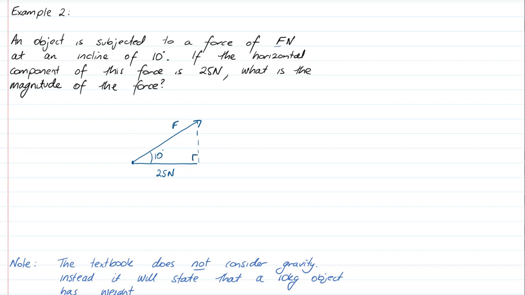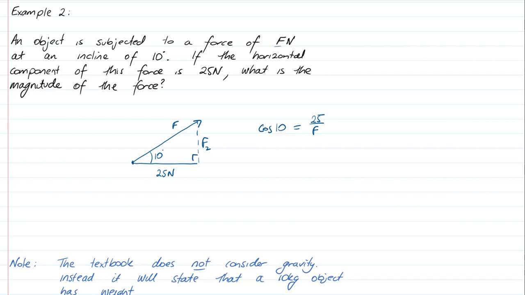So this is fully interpretation. We know the I component. We've got F2 as the J component, but we don't have to do a lot of work to recognise that we've got a really easy right angle triangle situation here. So cos, because we're dealing with adjacent, cos of 10 is equal to adjacent 25 over F, the horizontal.